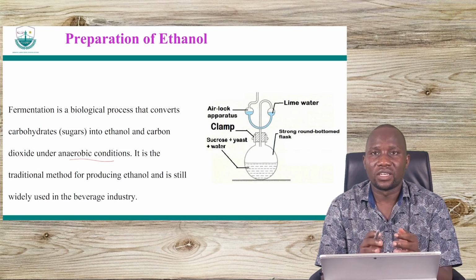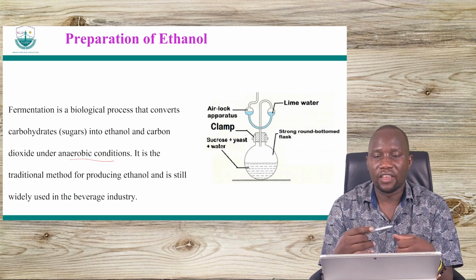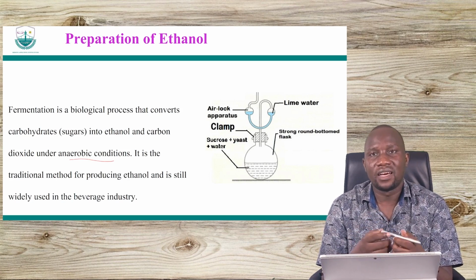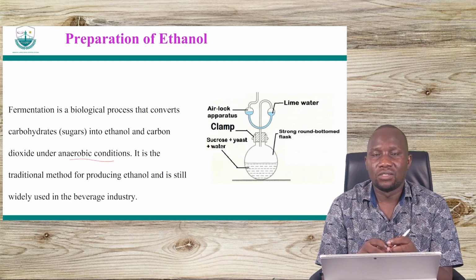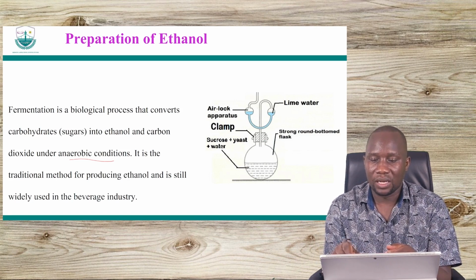These can be converted into simple sugar, sucrose or glucose, and then you add yeast, add some water, cover tightly, and leave for some days, and then you go and check, and you have an alcoholic drink there. This is what we are trying to illustrate.